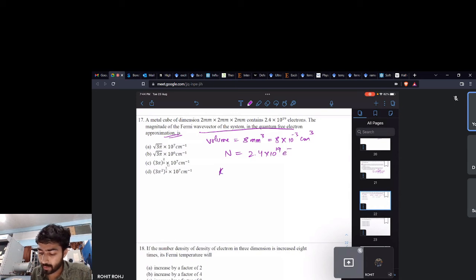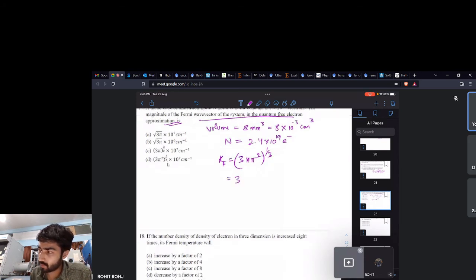The Fermi wave vector is given by the relation (3 n pi square) raised to the power 1 by 3. Now if you plug all these values inside, I bring 3 pi square raised to 1 by 3 multiplied by n, which is the number of electrons per unit volume, 8 into 10 to the power minus 3 raised to 1 by 3.